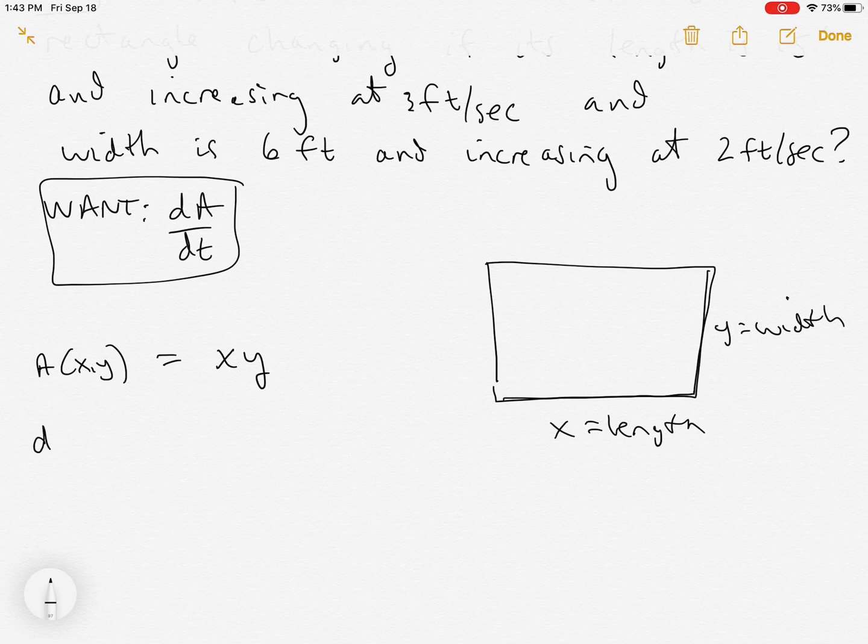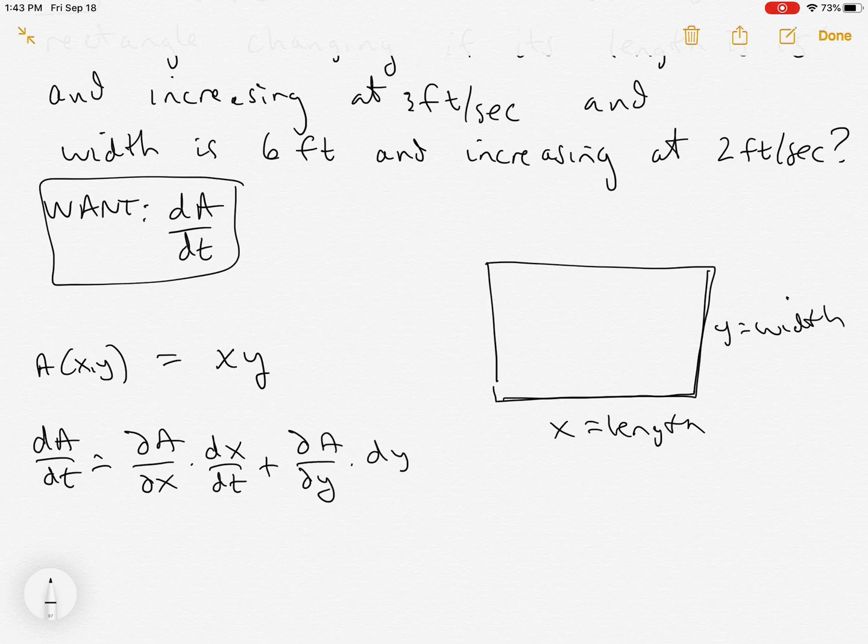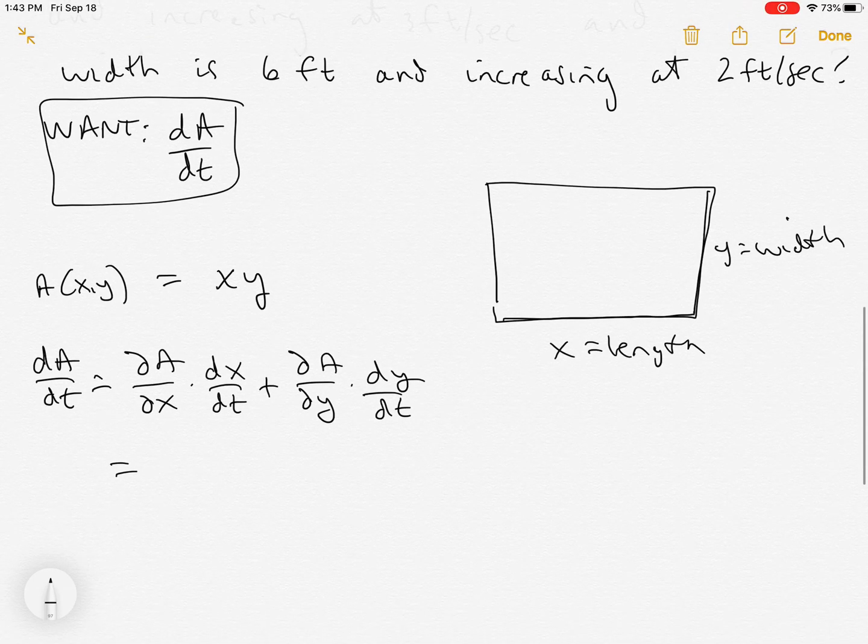Okay, so we want dA dt, which is partial dA dx times dx dt plus partial dA dy times dy dt. The partial with respect to x of xy is y, and dx dt is 3, that's given. dA dy is x, and dy dt is 2.